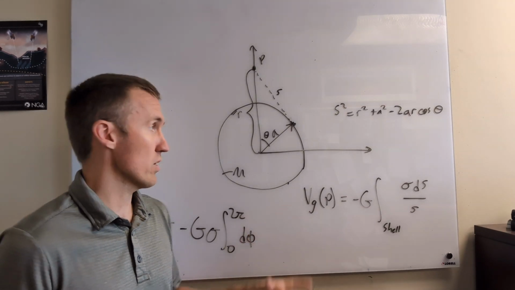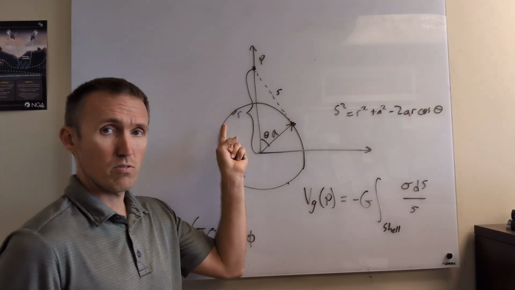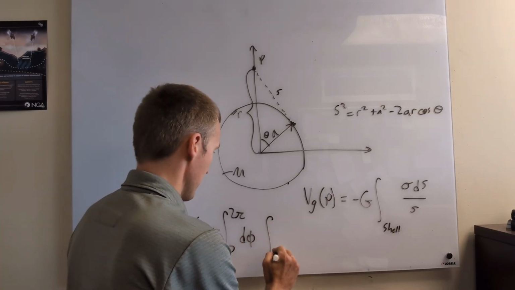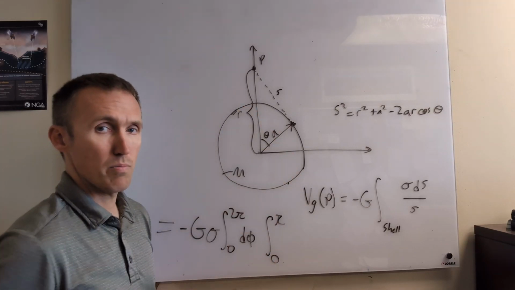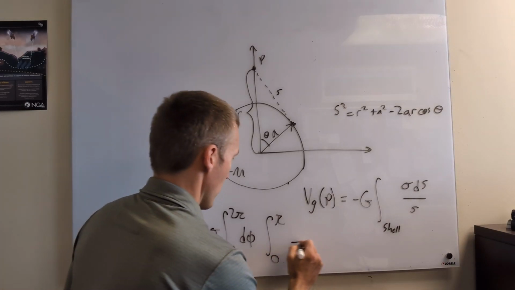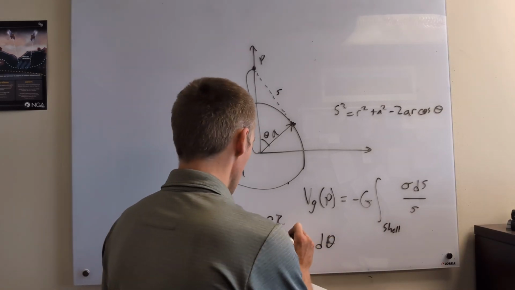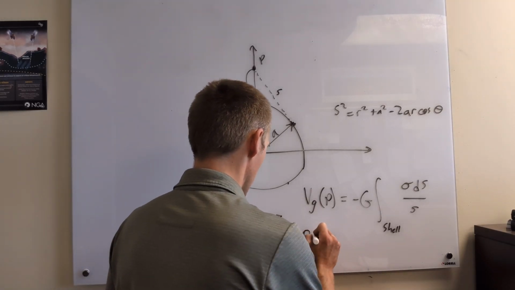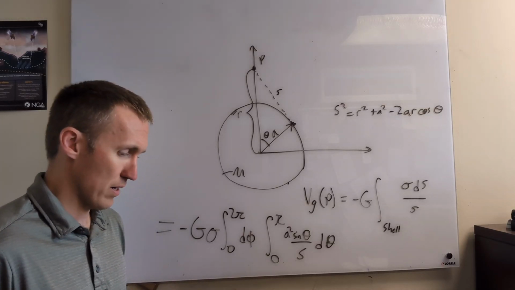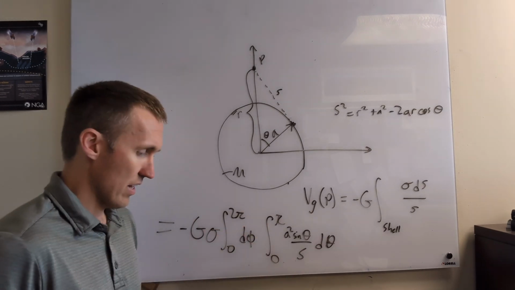There's no dependence on it, so we imagine this little increment is a ring coming in and out of the board, and then we'll integrate with respect to theta, which is just going to be 0 to pi, top to bottom. And then we're going to have our 1 over s d theta. We're going to have a squared sine theta. So this integral is just going to become 2 pi. We'll end up with a 2 pi there. And a squared, that's a constant, that'll pull out.